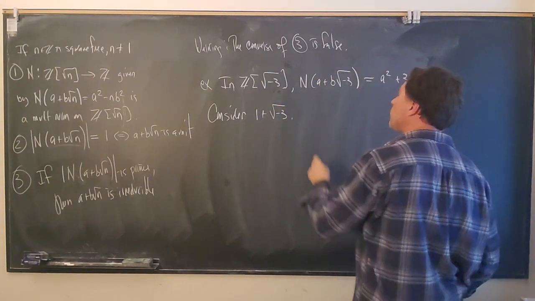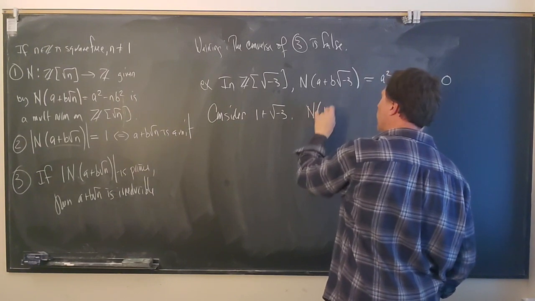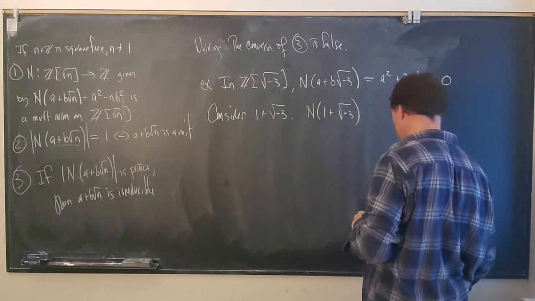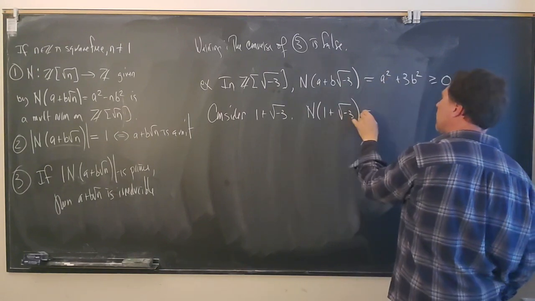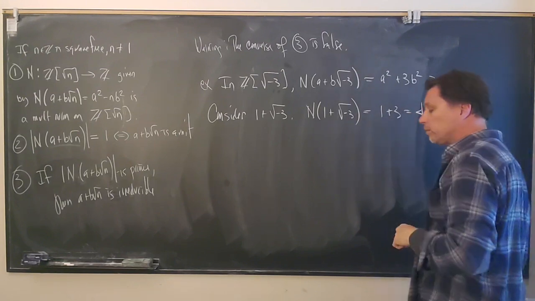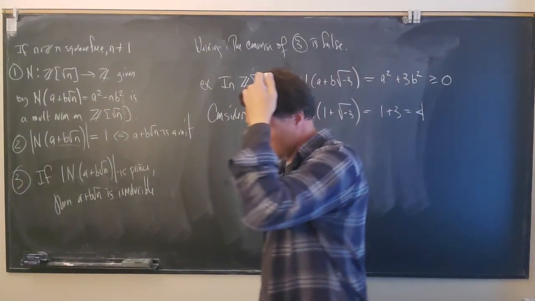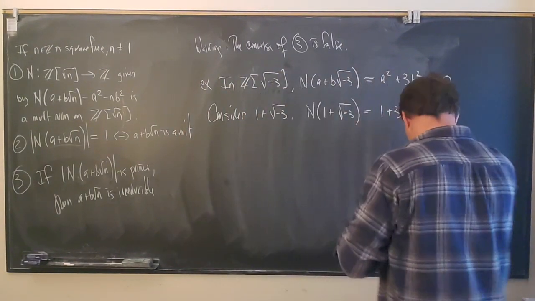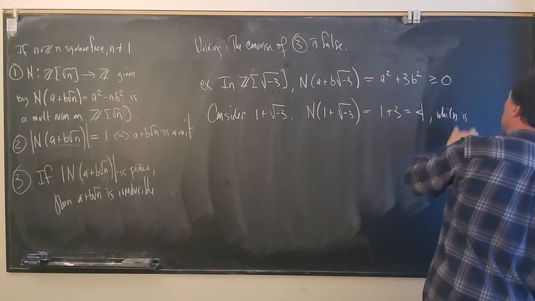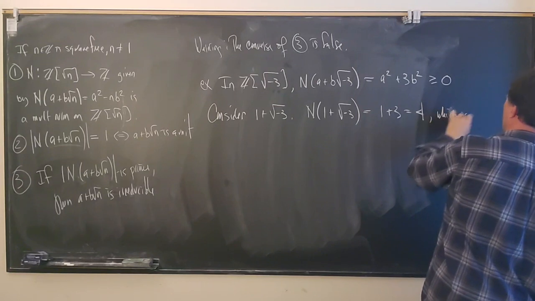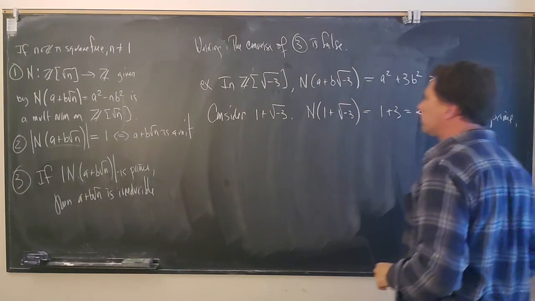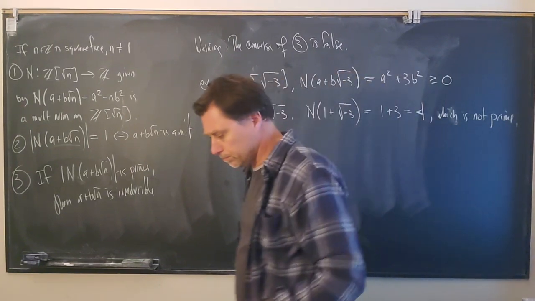If we compute the norm of 1 plus square root of minus 3, that's going to equal 1 plus 3, which equals 4, which is not prime.